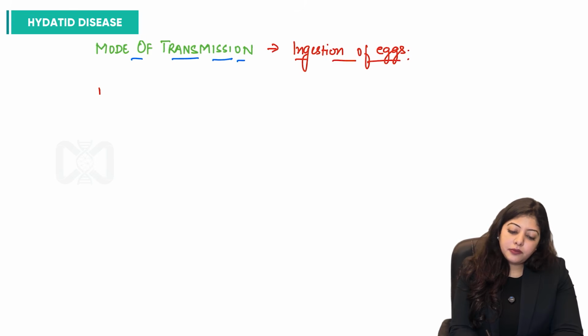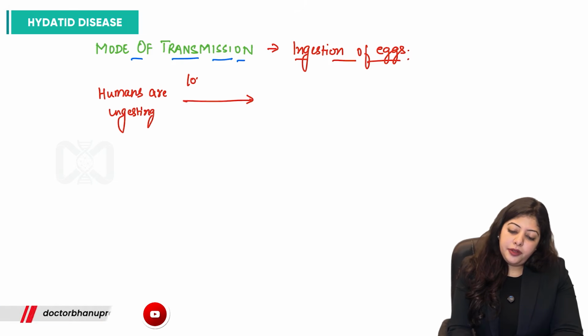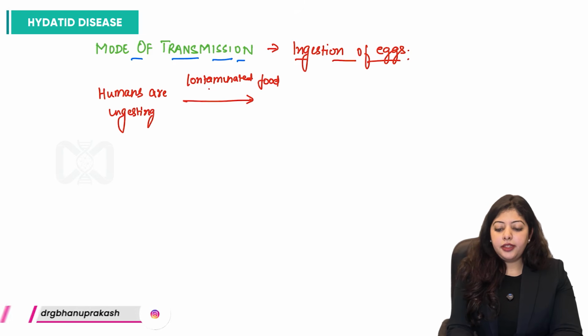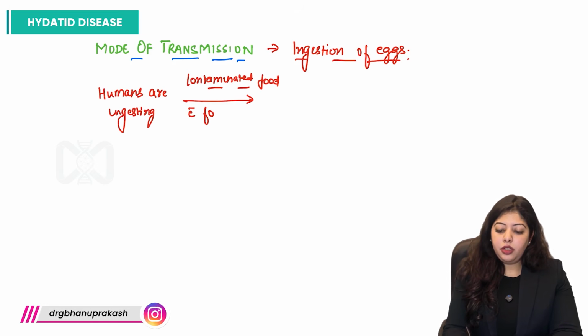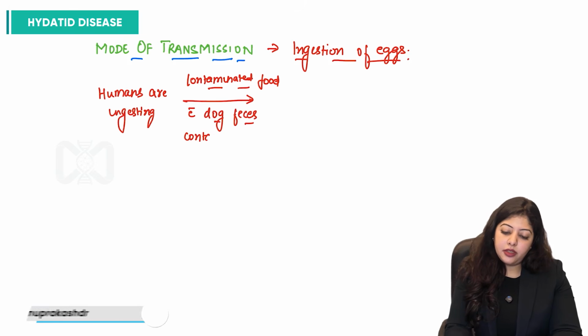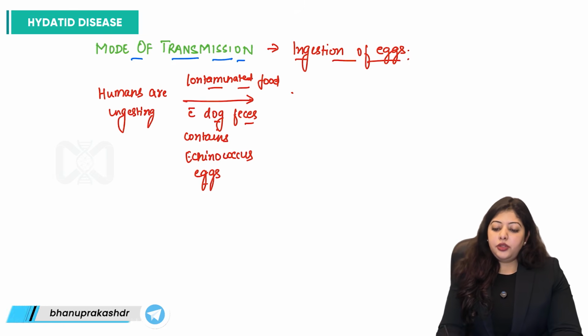So humans are going to ingest contaminated food, and this food is probably contaminated with dog feces, and it is the dog feces which probably contains Echinococcus eggs, right?